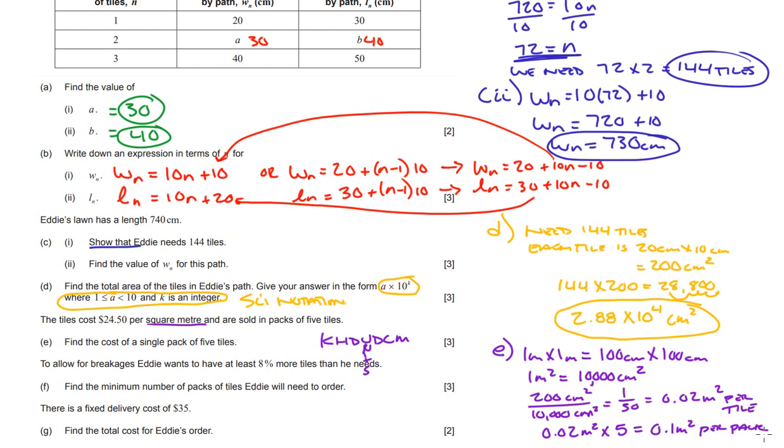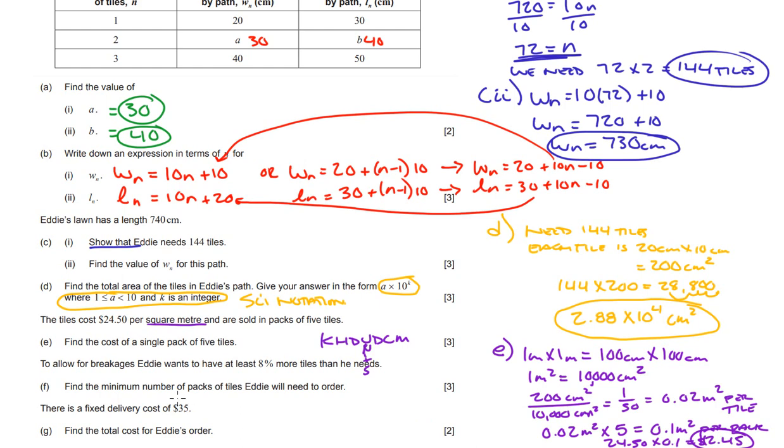So if each square meter costs $24.50, then we take our $24.50 times 0.1, and that tells us that each pack would then have to cost $2.45 per pack.